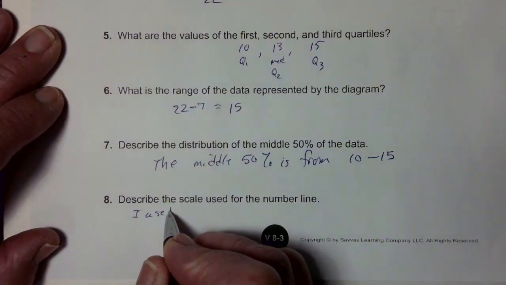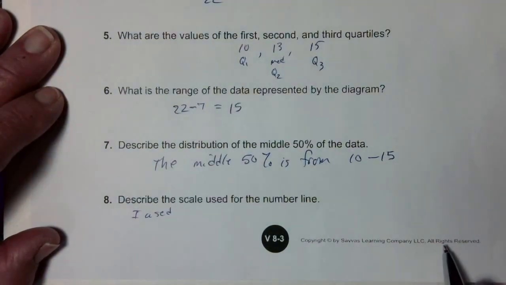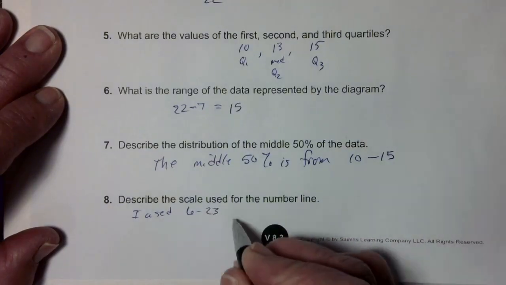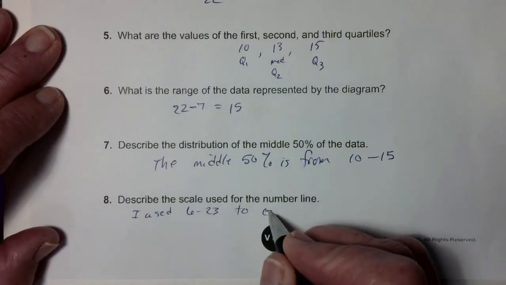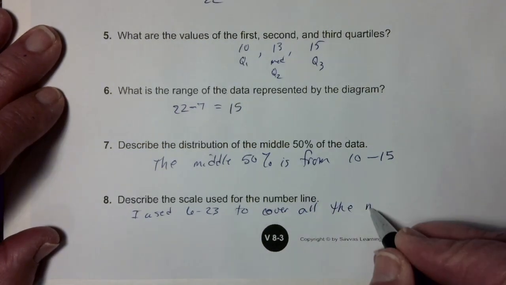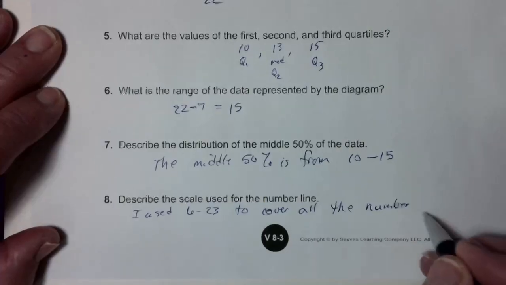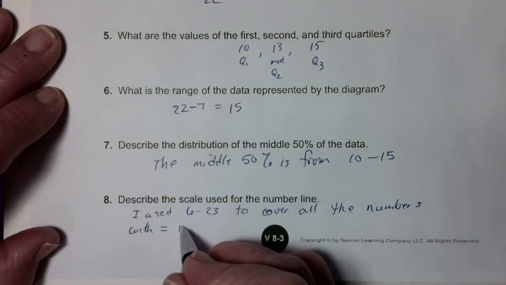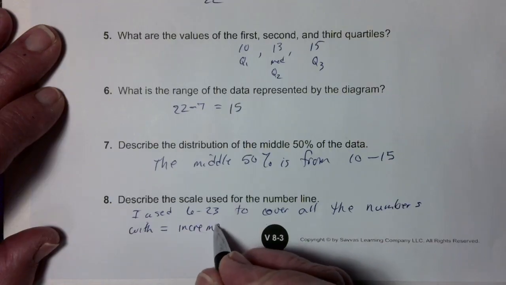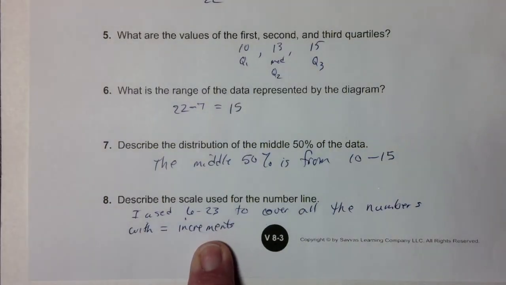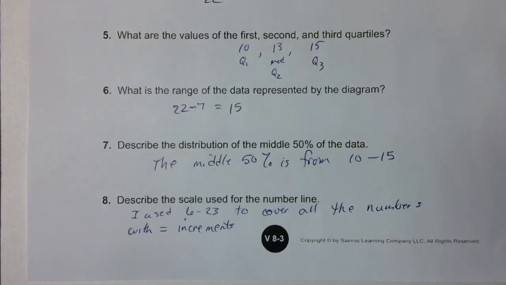They used 6 to 23 to cover all the numbers, with equal increments. Classroom teachers, if your students do not know what the word increments mean, please explain it to them.